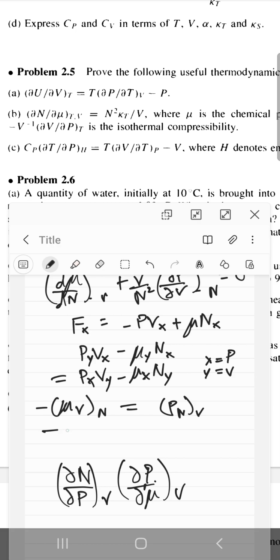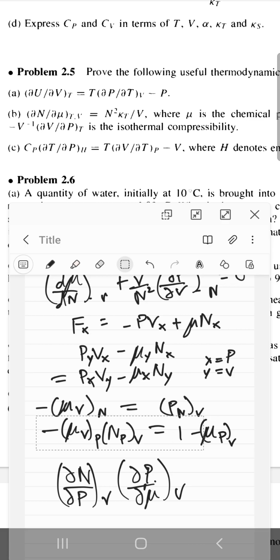What? So mu sub v at constant pressure and n sub p at constant volume. It's equal to 1 minus mu sub p at constant volume.